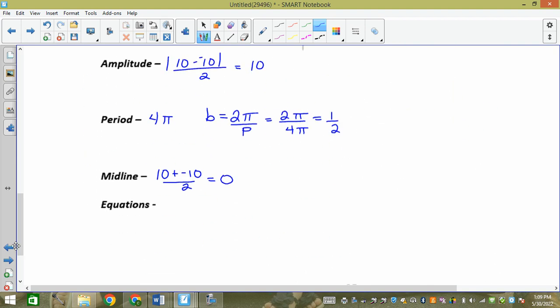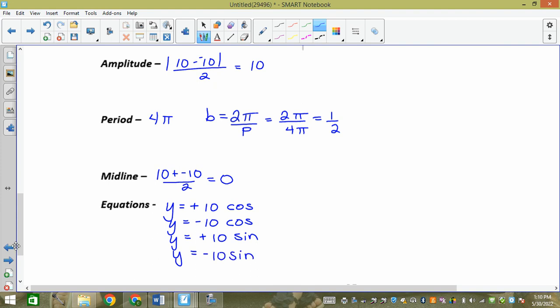Now, we did some equations. We did y equals positive 10 cos. And we did y equals negative 10 cos. And we did y equals positive 10 sine. And we did y equals negative 10 sine. And then we put our b value in.